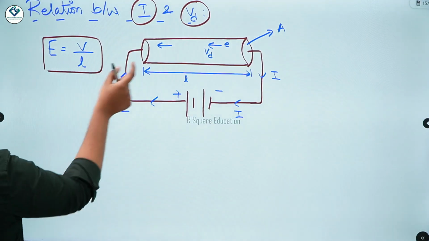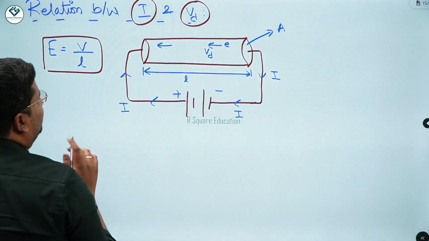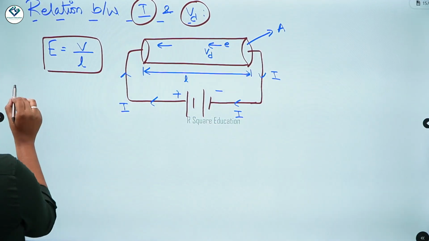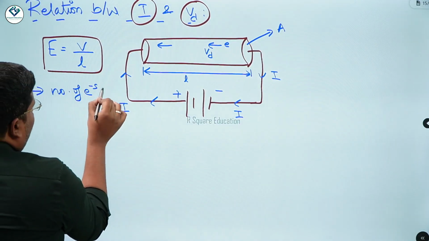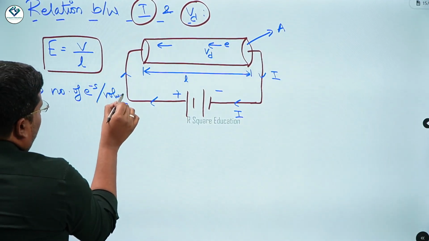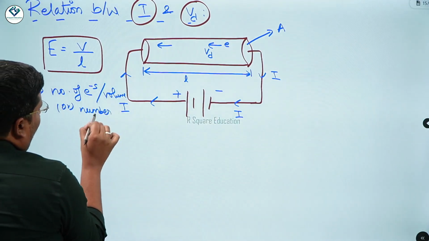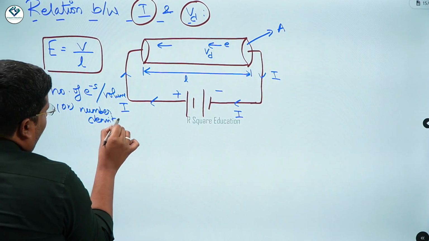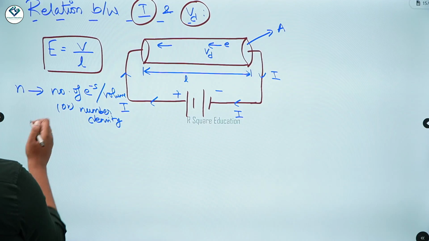Now let us consider the number density, or the number of electrons per unit volume of the conductor, as n. Let n be the number of electrons per unit volume, or we can also call it the number density, right? And let the charge of each electron be q.